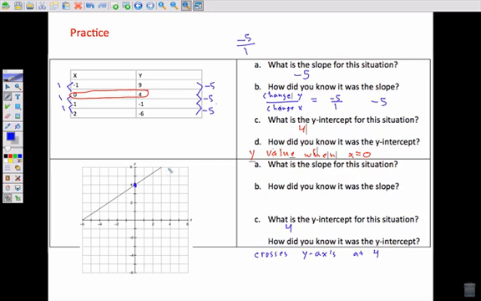Then to find the slope, I'm going to pick out this point up here. And remember, we need to find the rise over the run, or the change in y over the change in x. Our rise is going to be 2, and our run is going to be 3.